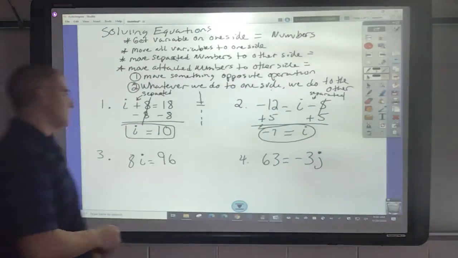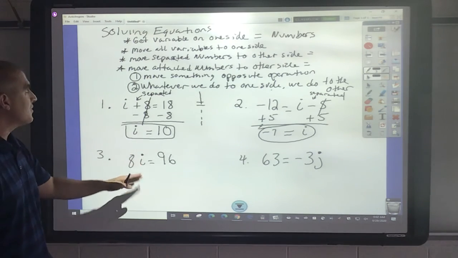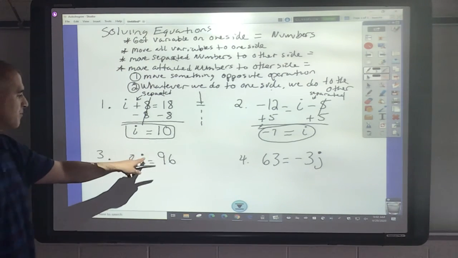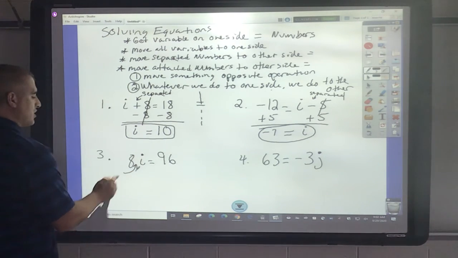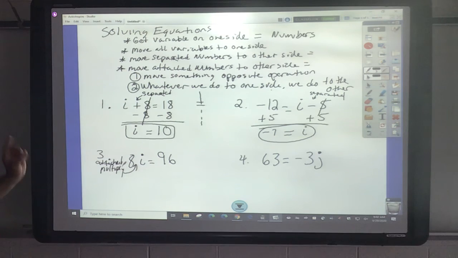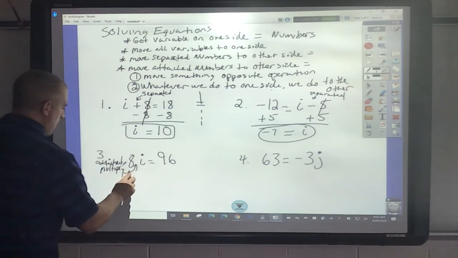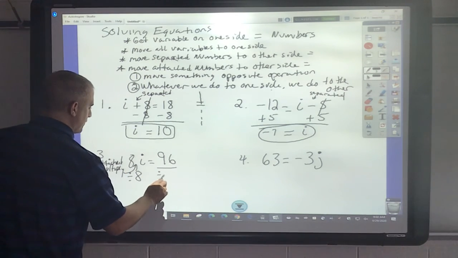Now, let's talk about some attached variables. I got the variables on one side. I don't have separated variables because I don't see an operation here. When it's attached there, that's attached by multiplication. If it's attached by multiplication, I'm basically dividing by that number on both sides.